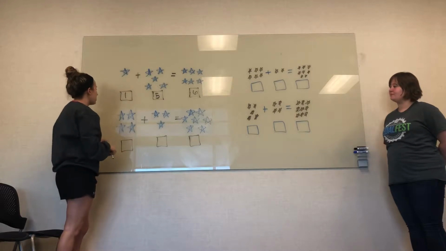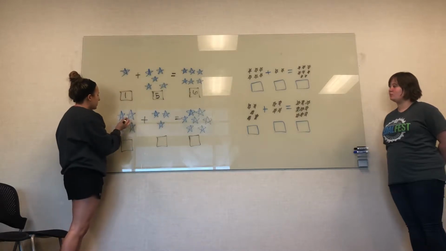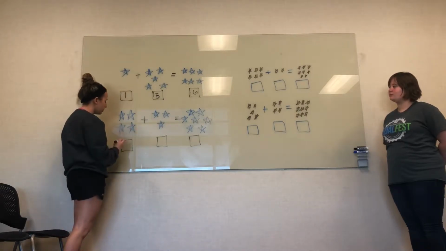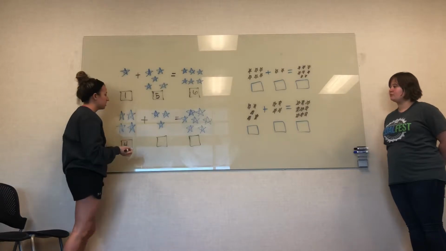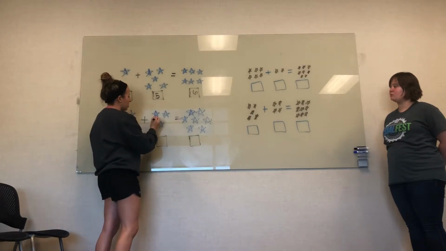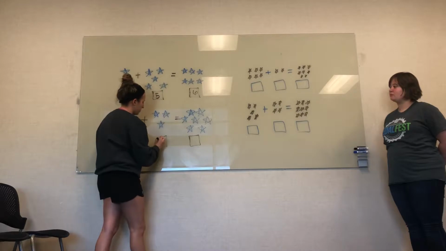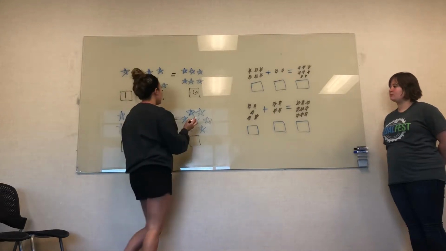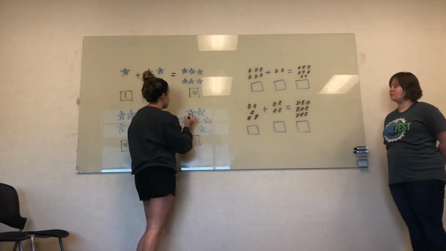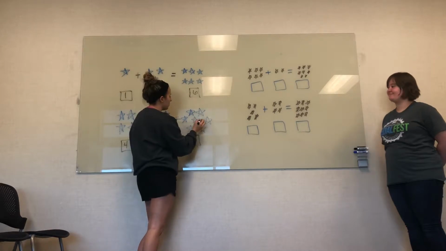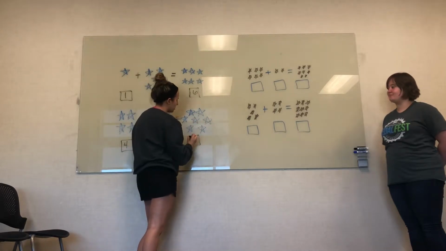In the second problem, we have 1, 2, 3, 4 stars, plus 1, 2, 3 stars. And then all together we have 1, 2, 3, 4, 5, 6, 7 stars.